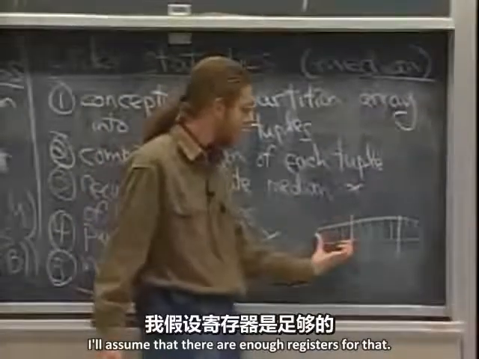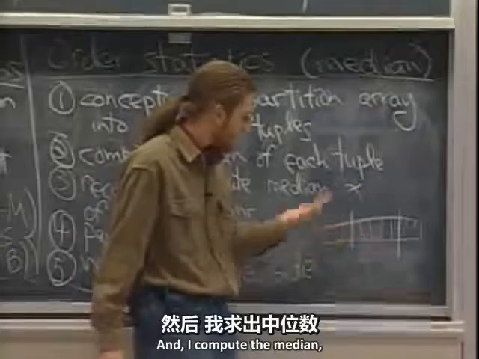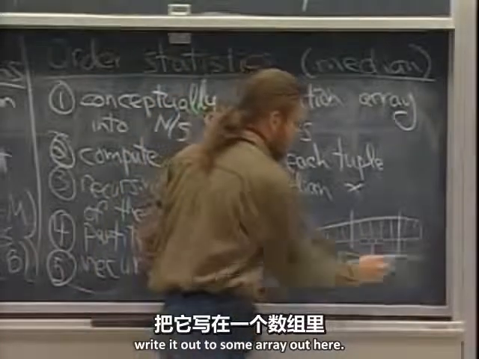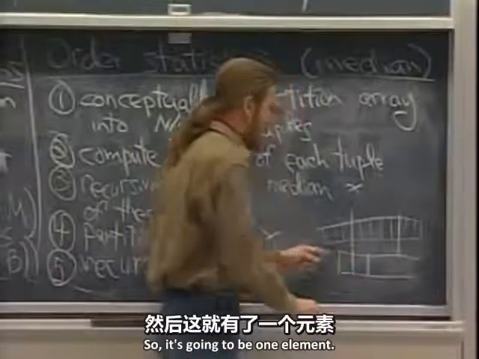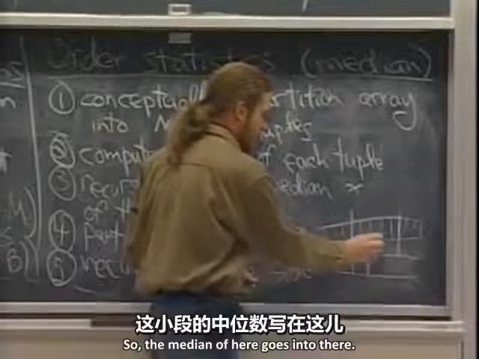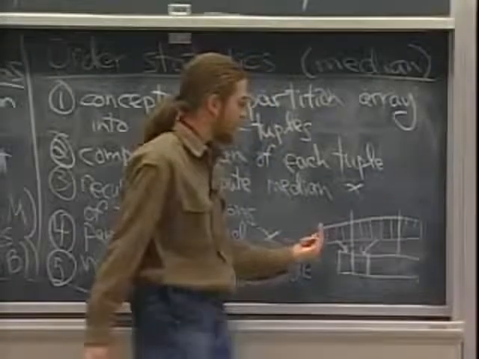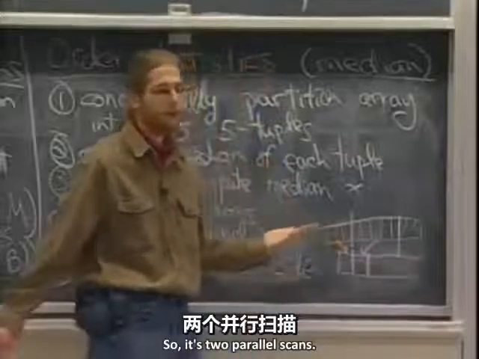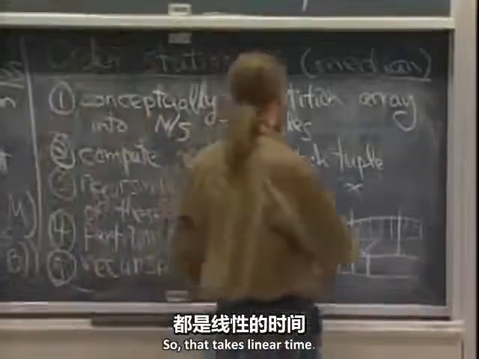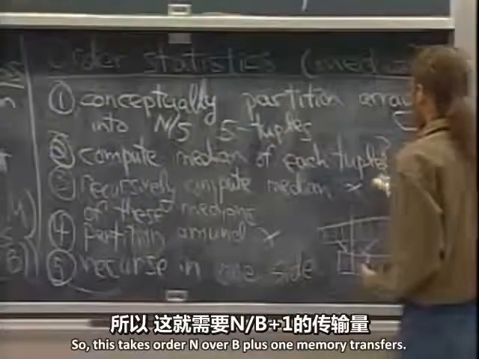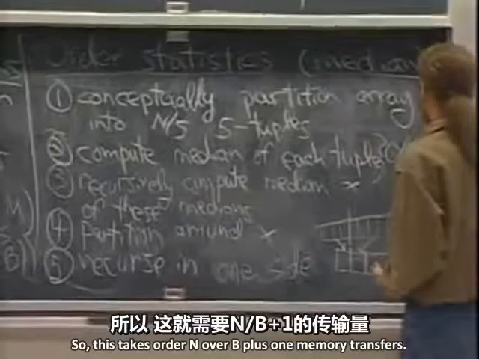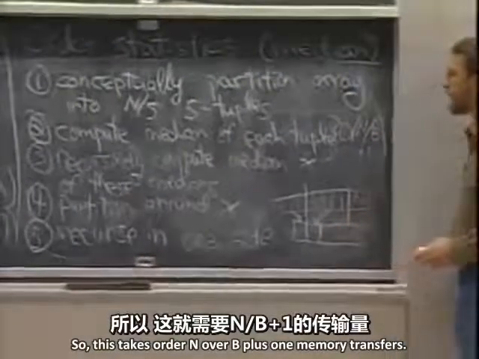I'll assume that there are enough registers for that. And I compute the median, write it out to some array out here. So the median of here goes into there, the median of these guys goes into there, and so on. So I'm scanning in here, and in parallel I'm scanning and outputting here. So it's 2 parallel scans, so that takes linear time. So this takes order n over B plus 1 memory transfers.